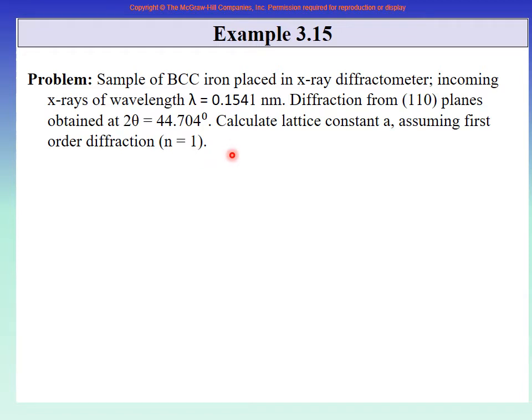So again, what I always tell you, first of all, don't go forward. Look at this, take a pen and paper, read the problem again carefully, write down the knowns and the unknowns. You can go back and see what equations apply and then you can start. So it is iron, which is BCC. We are doing XRD. Wavelength is given, plane is given, 2 theta angle is given, n is equal to 1.